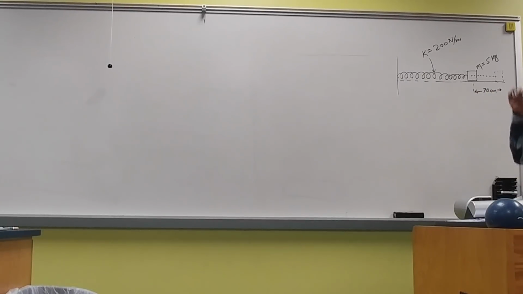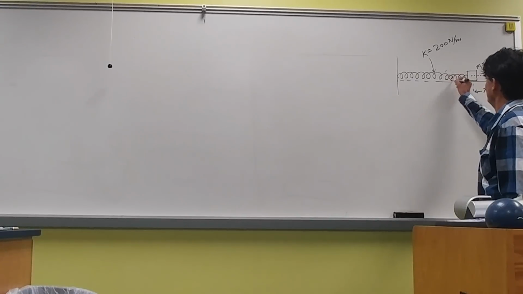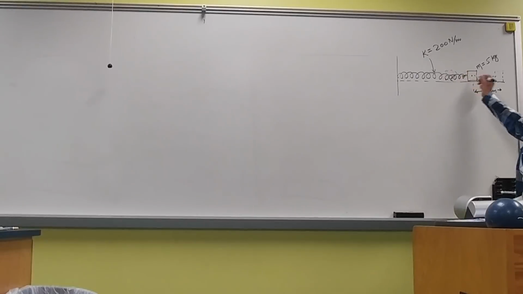If it moves like this, the spring squeezes and it goes here also. I'm not drawing on this side. Basically, this is going front and back, 70 to minus 70, and this is my origin.